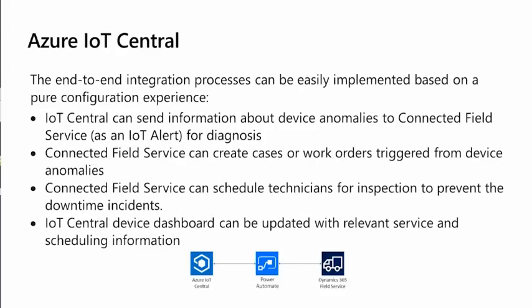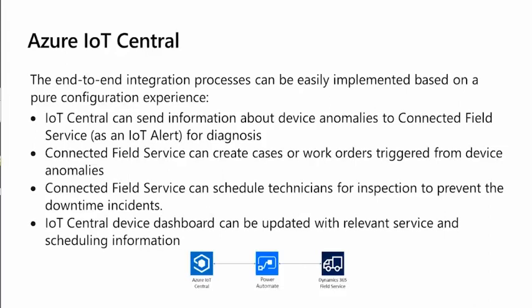And based on those actions, they're going to send alerts that are all going to be created in connected field service. And based on those service activities that happen, information is going to be sent back to IoT Central. Now, this is done by using Power Automate, which is a SaaS offering that we talked about a little bit, that can help automate workflows across your applications.